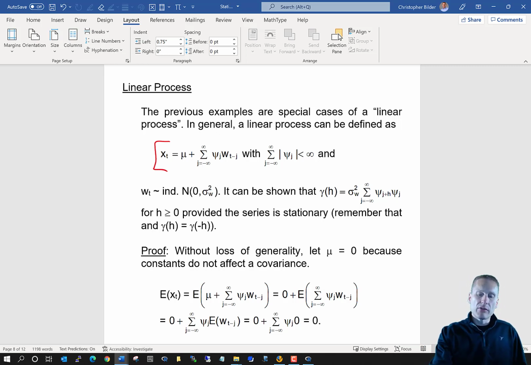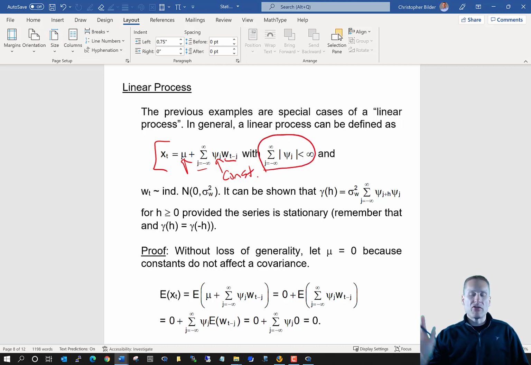X of t is equal to, let's say, the overall grand mean for the series plus the sum from j equal negative infinity to positive infinity of psi sub j, where psi sub j is just some constant at an index j, times my white noise at w_{t-j}. Now with this, we also need to make sure that if I were to sum up all these psi sub j's, it's a finite value.